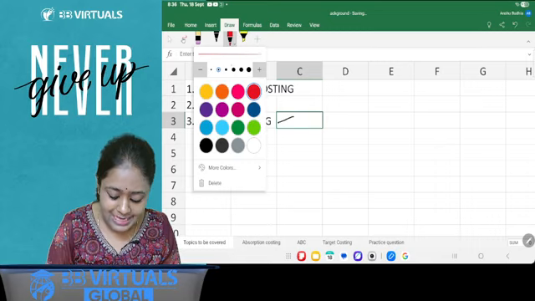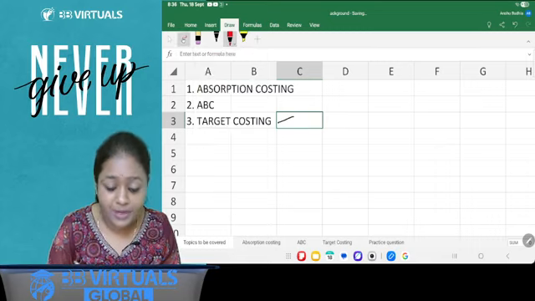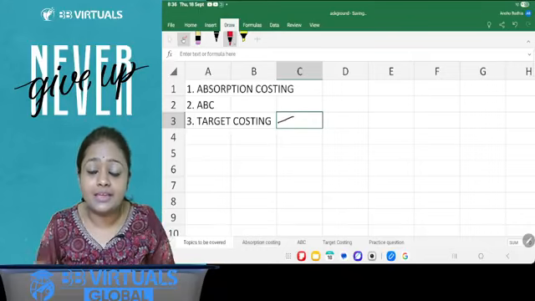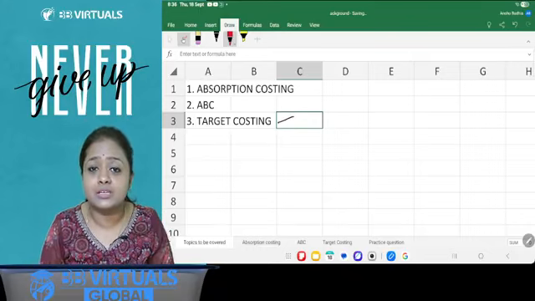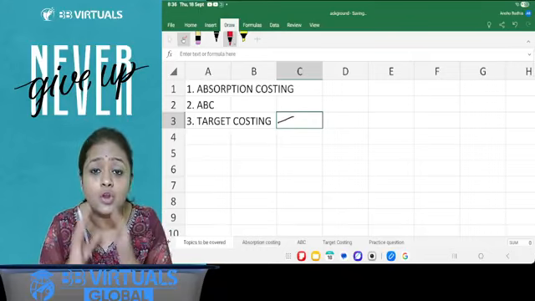Now as I say this, it really reminds me of one thing: target costing is always a very hot favorite topic when it comes to your section A, as well as sometimes a part of section B. And ABC is something that has been tested in section A as well as B as well as C. I have always found students sometimes getting mixed up.